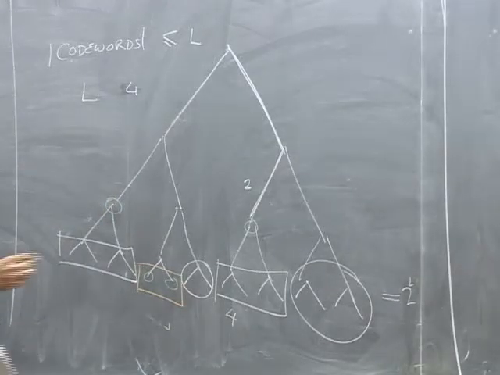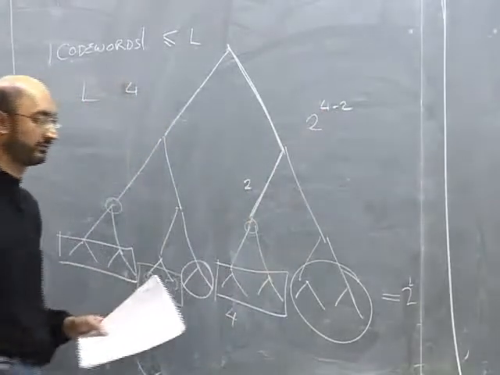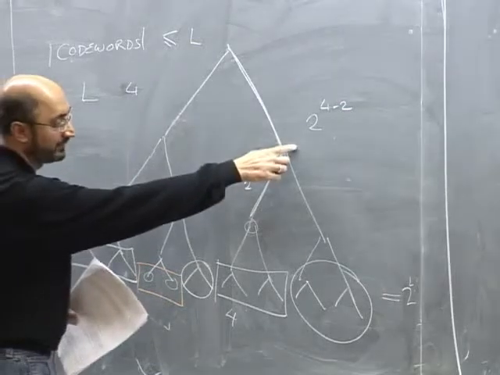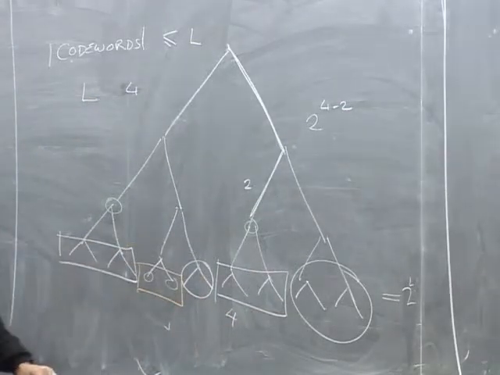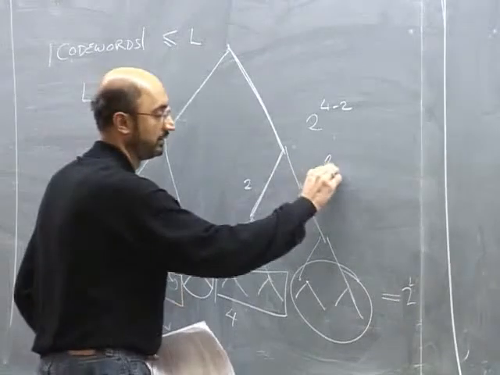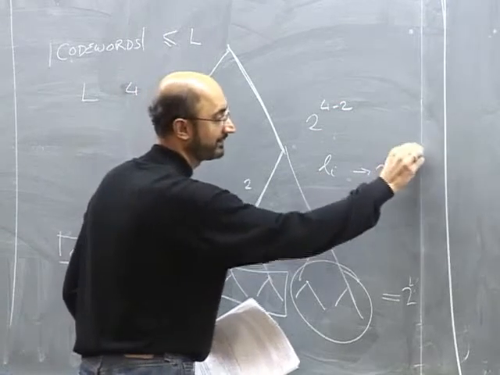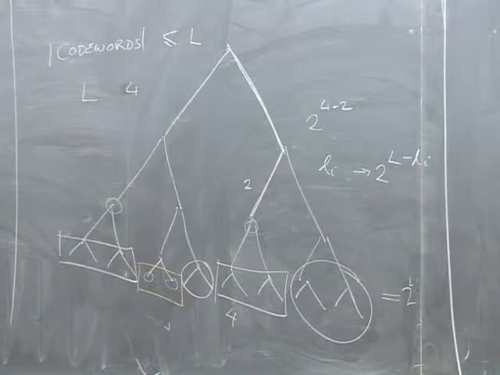It's going to have 2 to the power 4 minus 2, which means 4 descendants. If I had a code word of height 1 over here, for example, it would have 8 descendants. So if the code word is of length L sub i, then the number of descendants it corresponds to is 2 to the power L minus L sub i. Is that clear? It's just a simple mathematical fact.